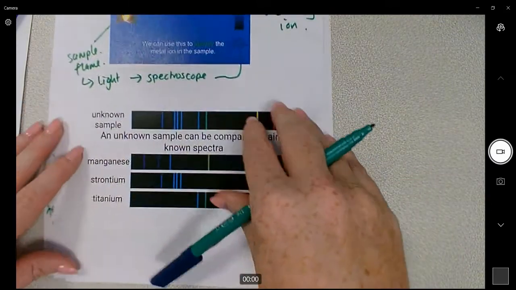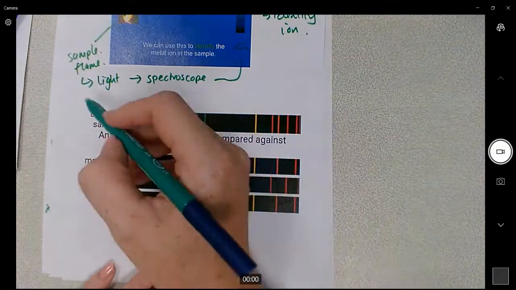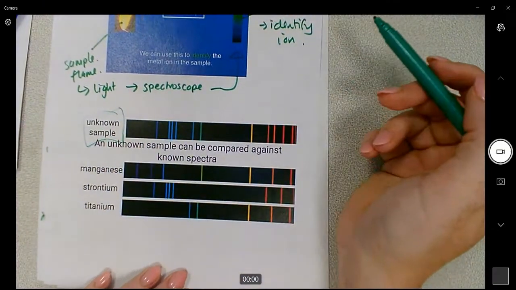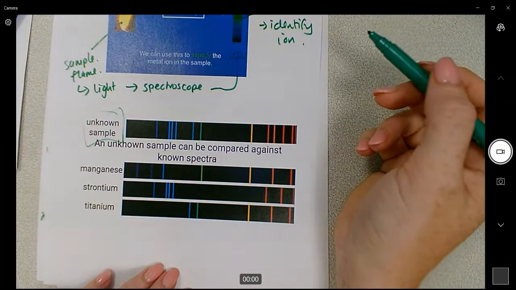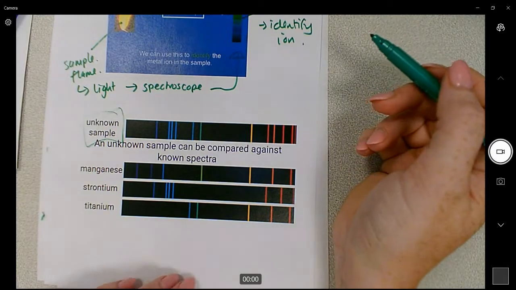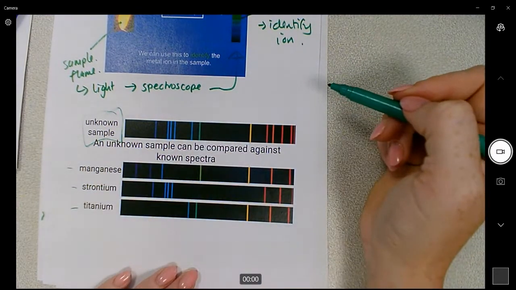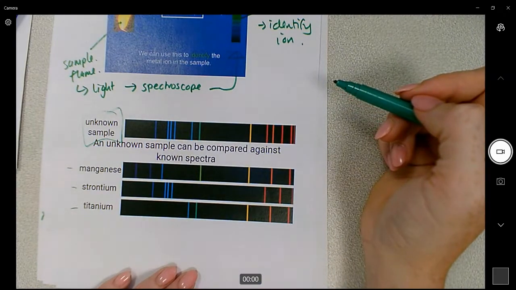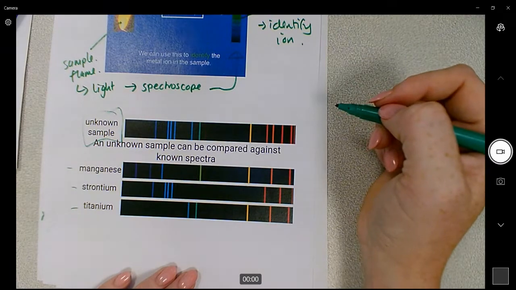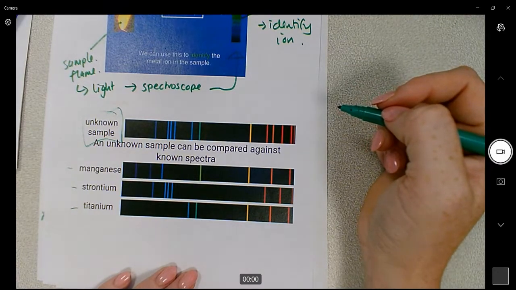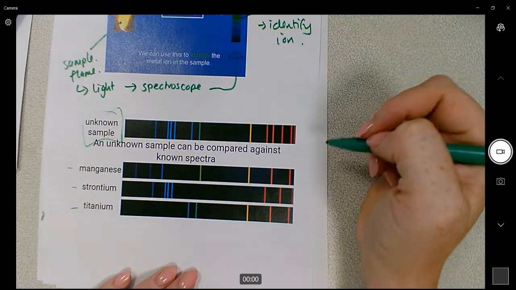So if you look at this example down here, you can see I've got my unknown sample that I want to try and work out which ions might be present within it. And I've got my known samples, so here you can see I've got 3 different elements in terms of the spectrum of light that they produce. I can then quite clearly see that it does and doesn't contain these specific things.